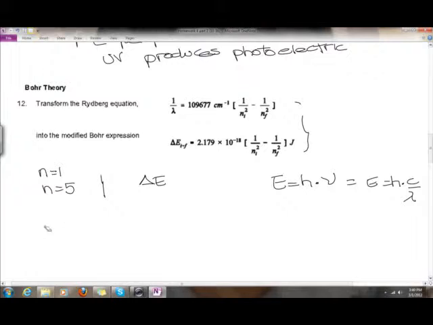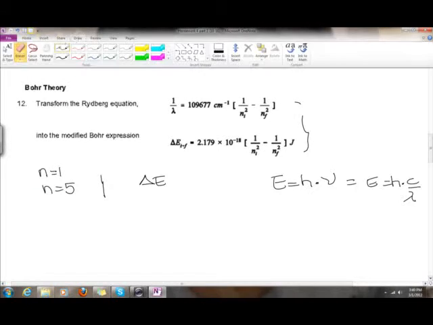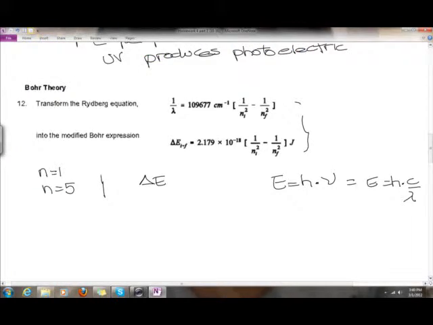Let's plug in the value of energy, or 1 over lambda. If you make it 1 over wavelength, I divided both sides by h and c, and I would have this.